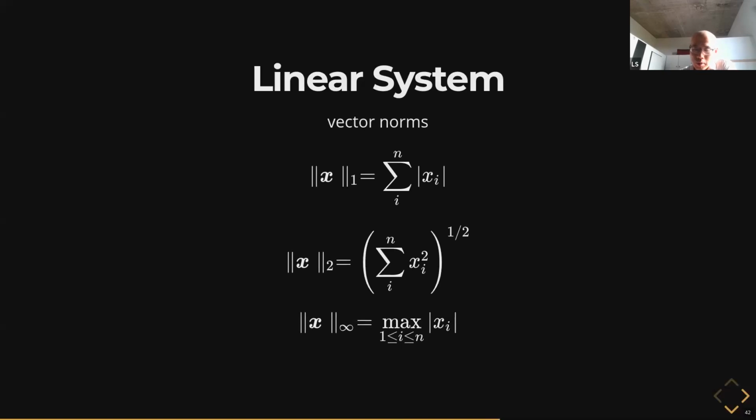The L2 norm you're pretty familiar with, it's the Euclidean distance. The infinity norm, probably not many people have encountered before, is the maximum absolute value of the elements of the vector.